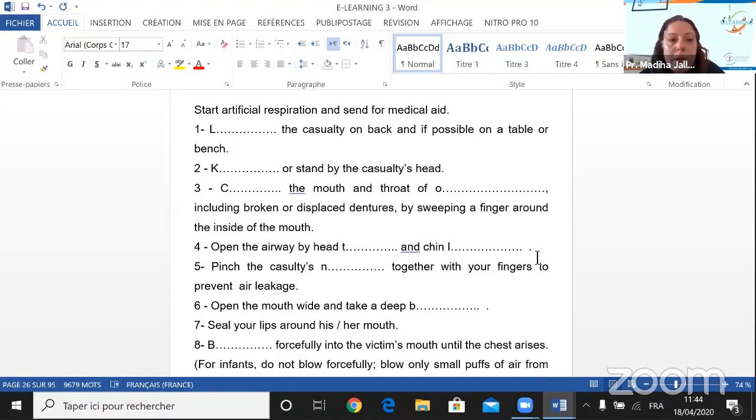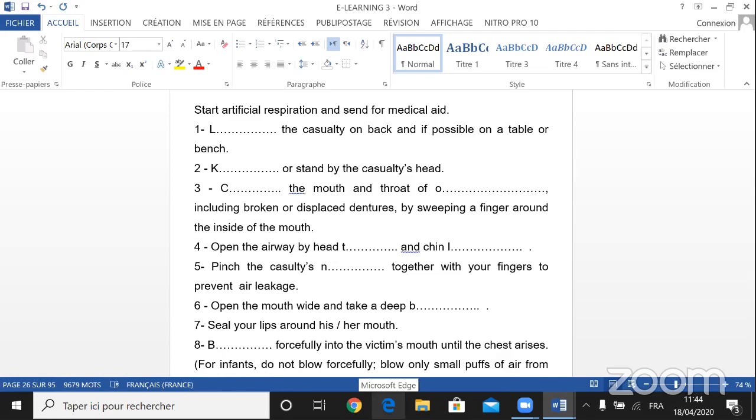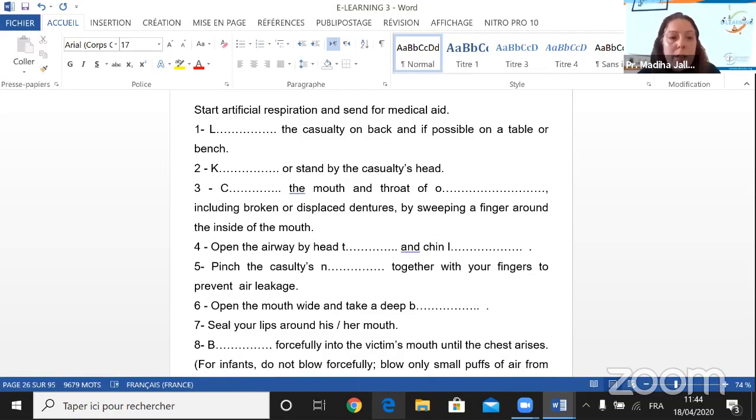What can be the verb here? Lay. Lay, excellent. Then K, or stand by the casualty's head. K here means be on your knees. Kneel. Kneel, nice.